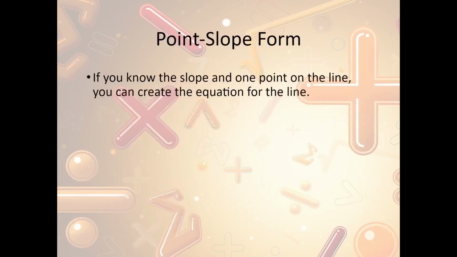Now, what is point-slope form? We use point-slope form if we know the slope and one point on the line. We can still create the equation for the line even though we don't have the y-intercept. And here's how we do it. We know that slope-intercept form is y equals mx plus b, and we plug in the slope for m.